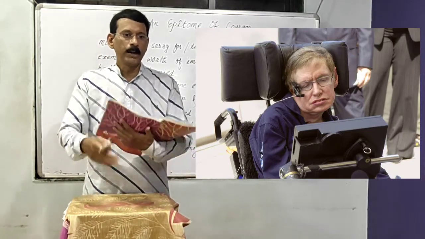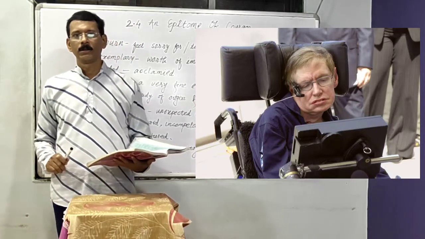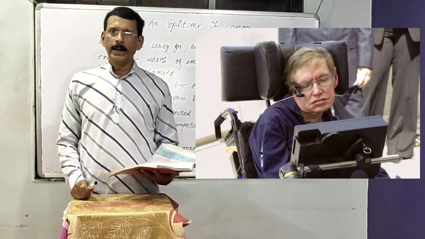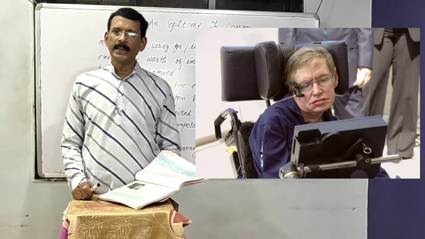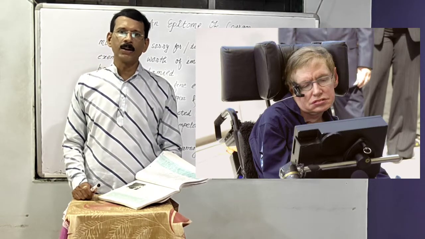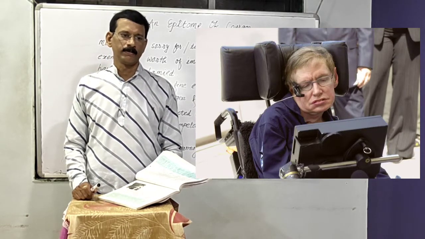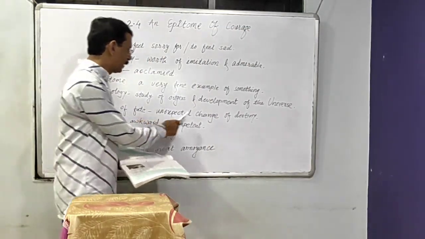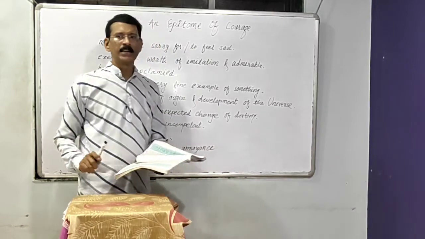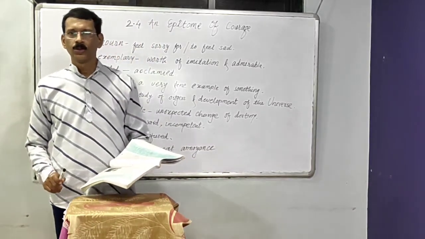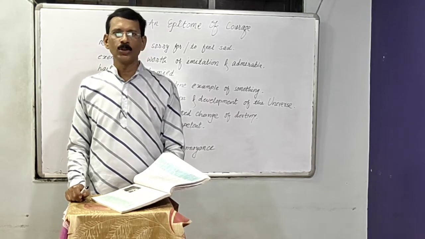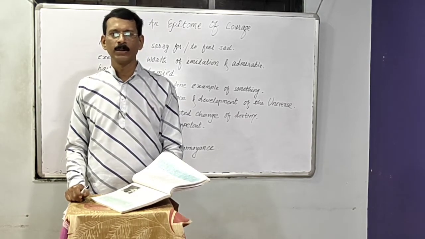He was bound to a wheelchair, and that is a work of fate. Work of fate means unexpected change of destiny. So this shows the unexpected change of destiny in his life.